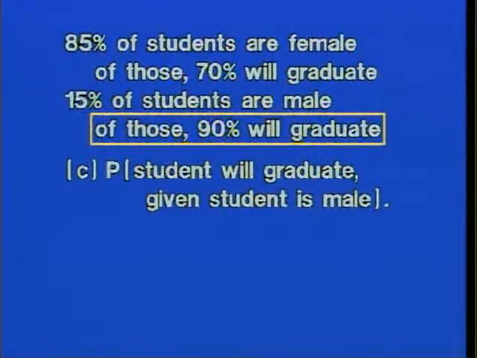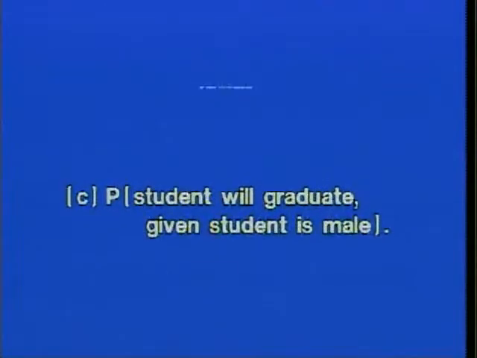So the probability that a student will graduate given that that student is male is 90%. We're automatically putting that student into that category, just in the outline above. So the probability is 90% or 90 hundredths.